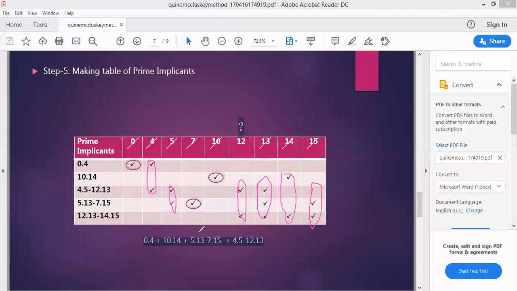One tick left out here, 5, 13, 7, 15. One is left out here, that is 10 and 14. And the last one is grouped with any other one, so this is written as 4, 5, 12, 13. So we can leave this or this. As these are the essential prime implicants, we are taking only essential prime implicants. Are you getting it?